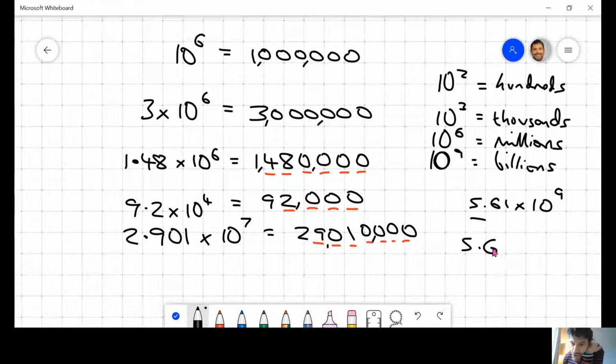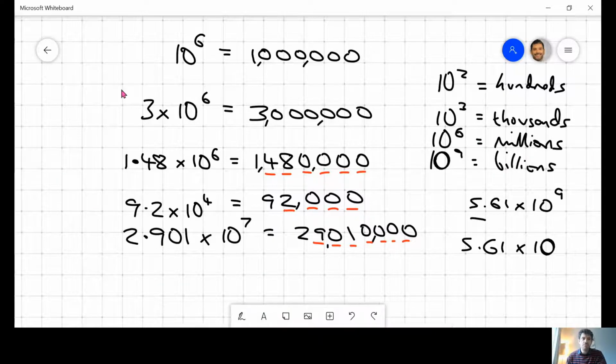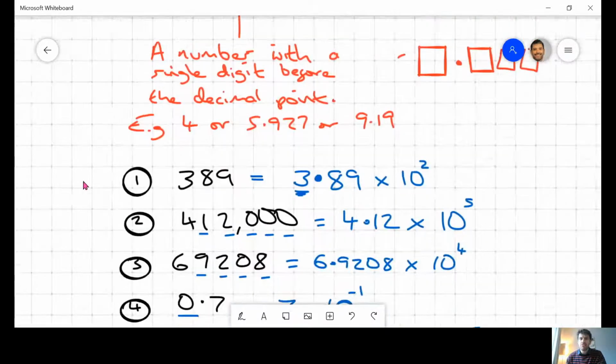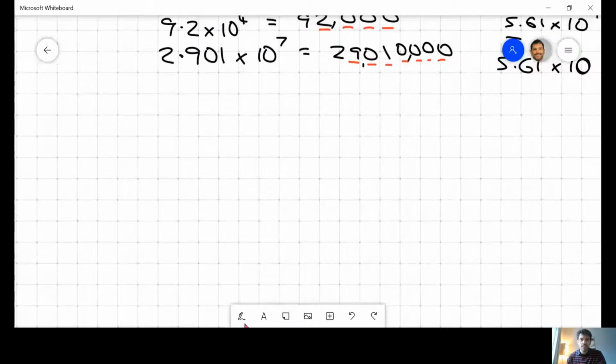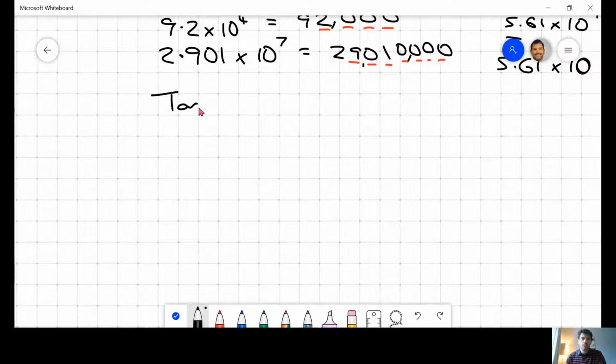If it was 5.61 times 10 to the 6, it'd be 5 million. 10 to the 3 would be 5,000. And then at least you can work out, well, if I'm in sort of 4 or 5, then I'm somewhere between thousands and millions, to give you an idea of the size. So now, could you pause the video and have a go at task number 121, please? Task 121, just pause the video.